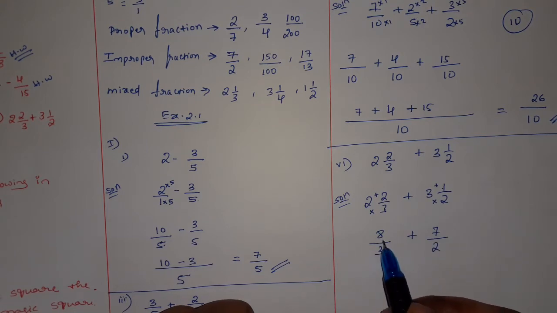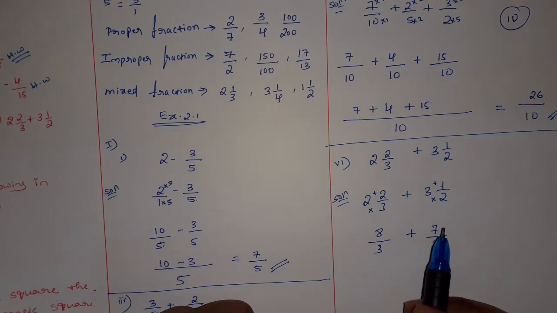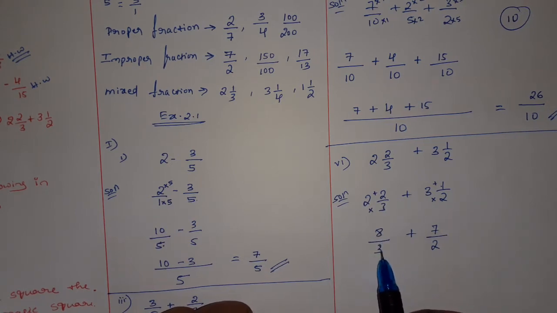Now I converted this mixed fraction to improper fraction. If you convert any mixed fraction, it will be improper only, you will never get a proper fraction, because numerator is larger, denominator is smaller.